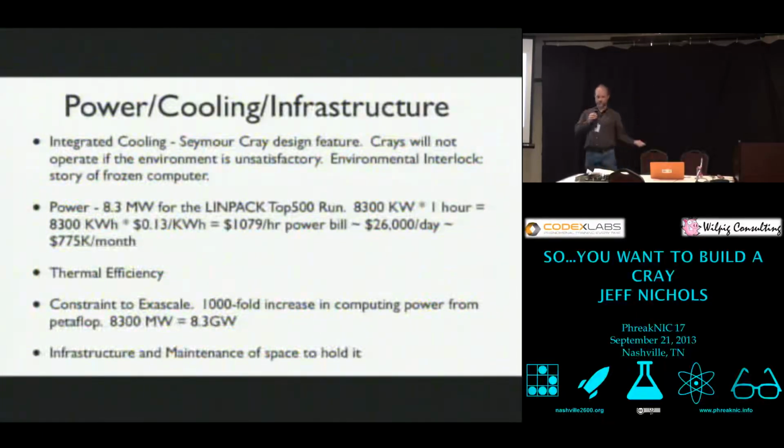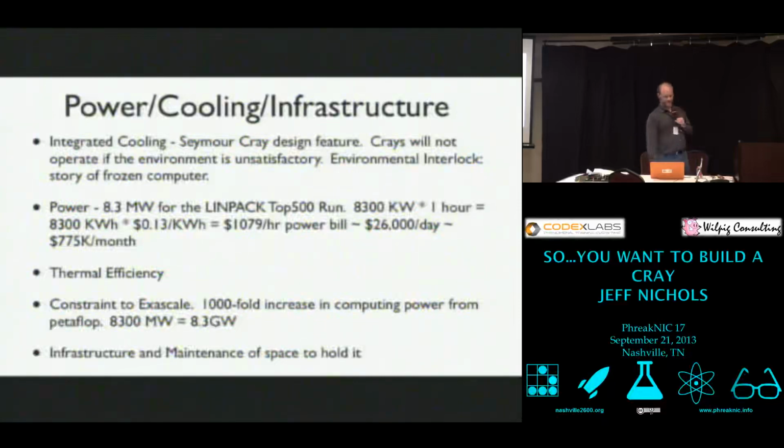What comes after petascale? Exascale. An exaflop is a 1,000-fold increase over a petaflop. If you just scaled all your numbers, you'd need 8.3 gigawatts, and that is multiple nuclear power plants to power your one computer. And we haven't said anything about infrastructure, the maintenance, all the space, all that stuff.